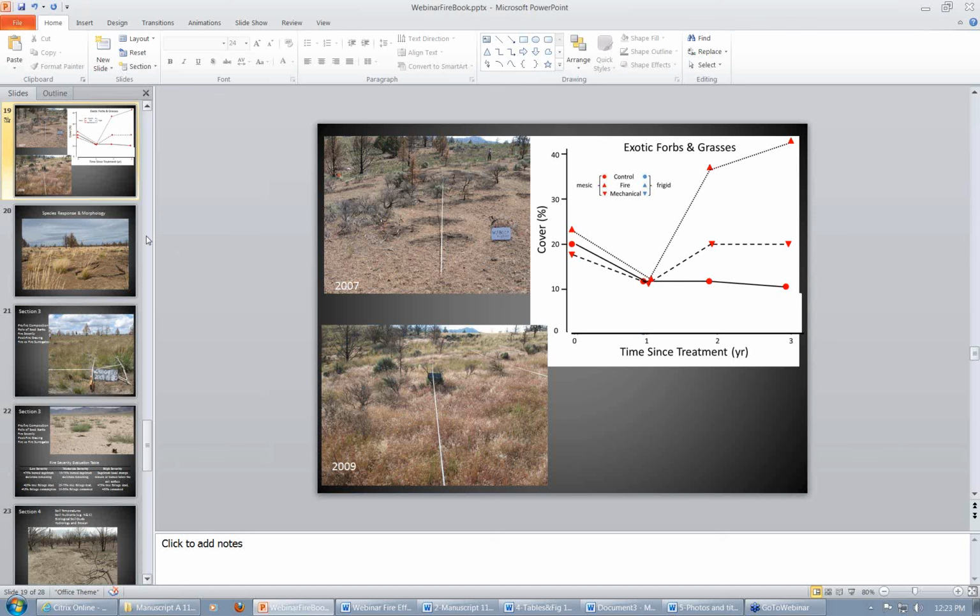In terms of season of burn, I can't think of any work that actually looked at season of burn and what impact it had on the seed pool. But again, I think it's going to be dictated primarily by how severe that fire was and how much of the organic matter and litter layer it consumed on the surface. And you can bet that the higher the percentage of litter that was consumed totally on the surface, you can think of that seed pool on the surface as being just like litter, and that will be the same component.